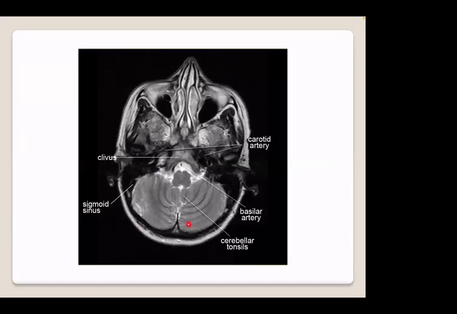These are the cerebellar hemispheres and the cerebellar tonsil, which we said is the most inferior part of the cerebellum, and the midbrain, medulla, basilar artery and carotid artery on each side, and the clivus between.